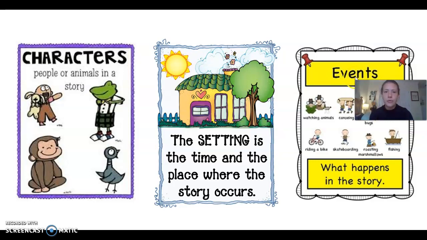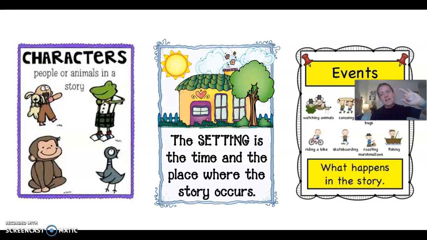And then in the past couple of weeks, we've been working on the events of our story, which is everything that happens in a story, everything that our characters are doing. That's our events. And we've done a lot of those 5-finger retells where we talk about 5 different events that happen in the story. And then we have also talked about how to tell those events in order using those sequencing words, right?